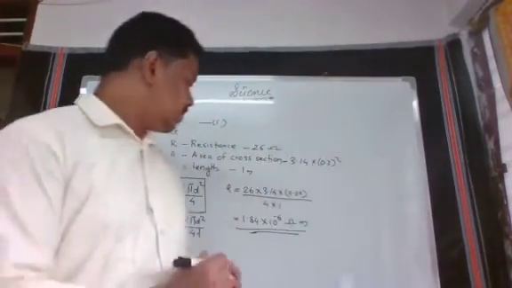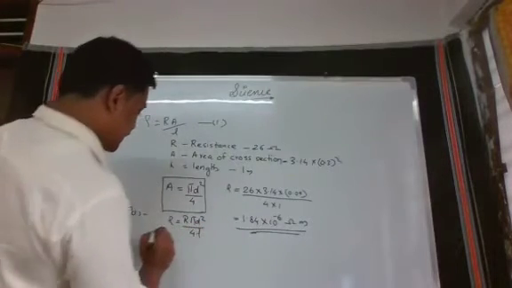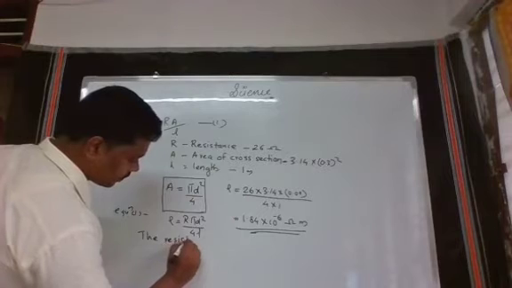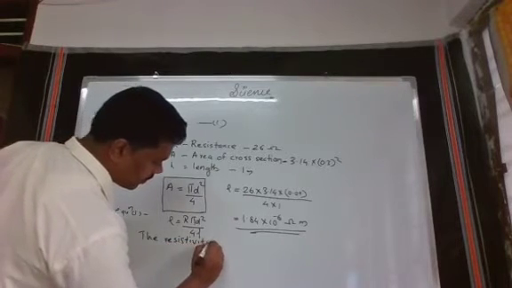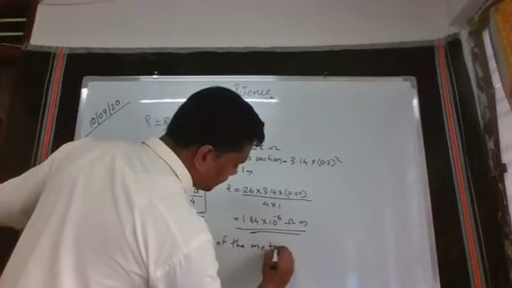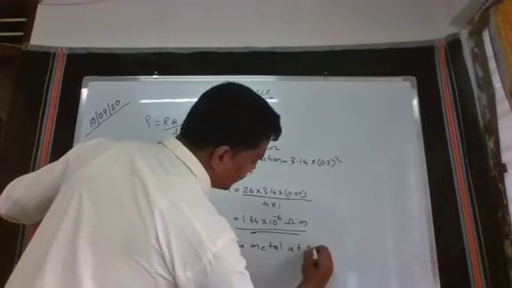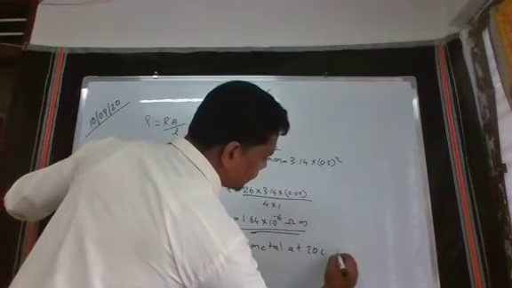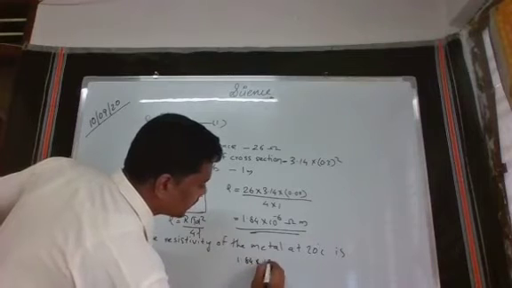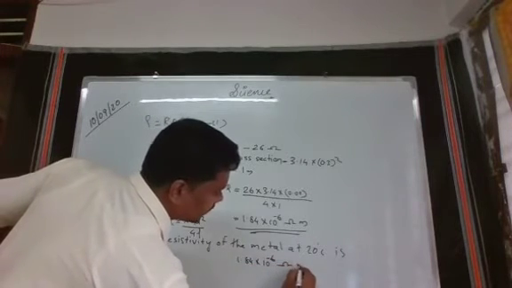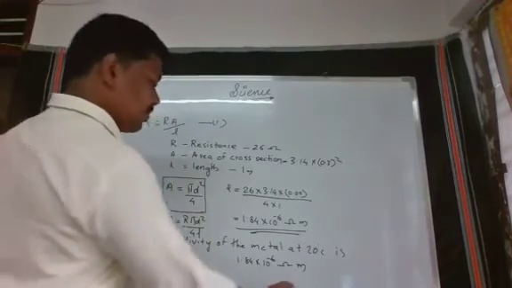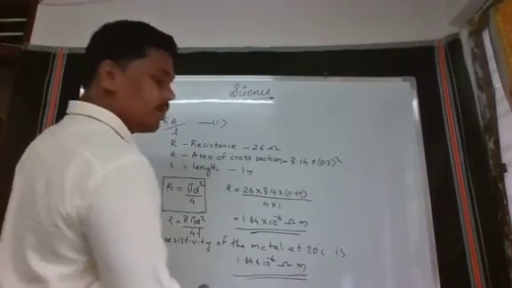So we will write here, the resistivity of the metal at 20 Celsius is 1.84 into 10 raised to minus 6 ohm meter. We got one answer, and there is one more question.